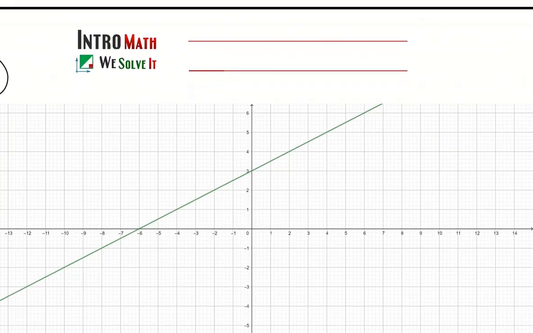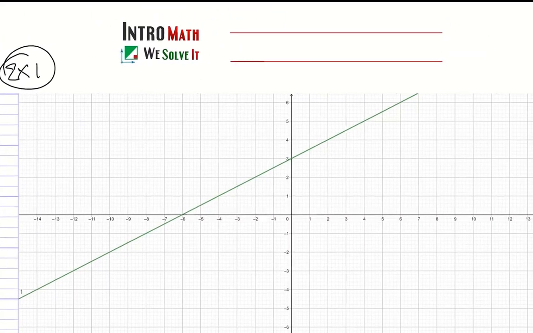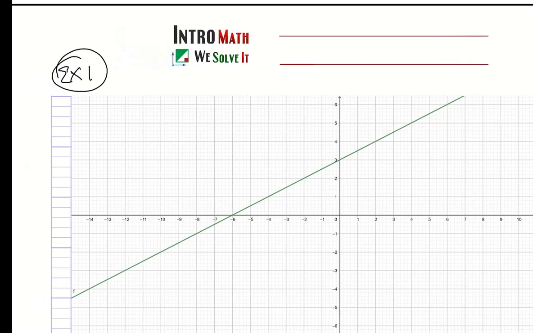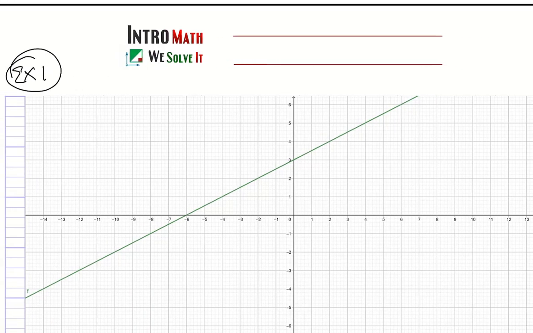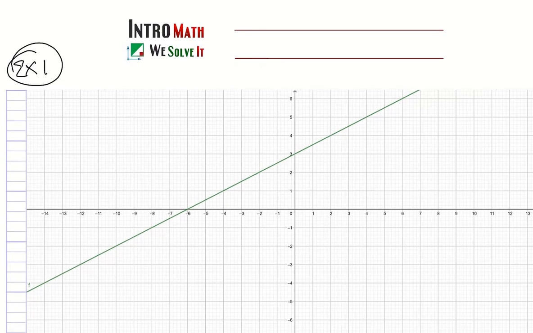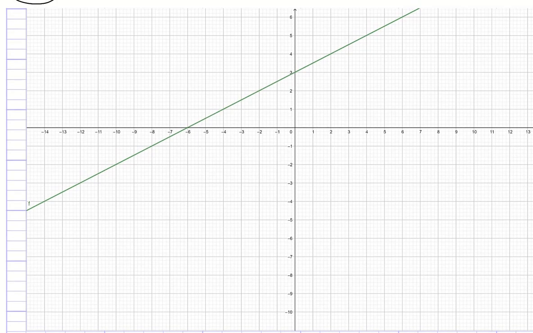The first one is right here. This is example 1. You see, this is the graph of the equation. What you're looking at there is the graph of this equation here.